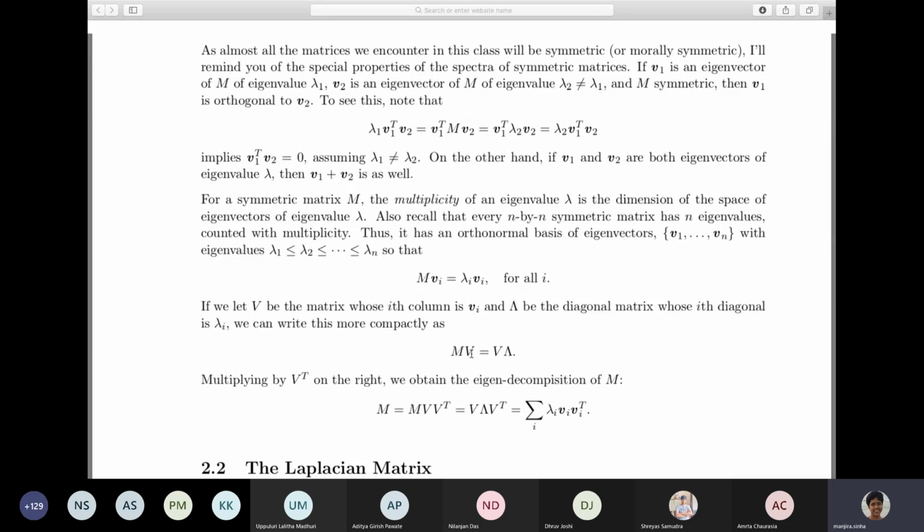So M V V transpose is equal to M, because V V transpose will be an identity matrix, and the other side will be V times Lambda times V transpose, which is the summation of lambda i vi times vi transpose. This is called the eigen decomposition of matrix M.